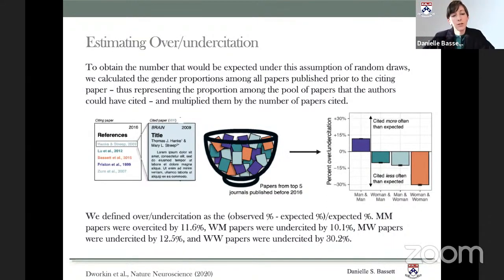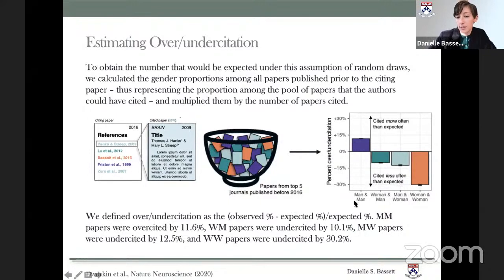So in this first instantiation, what we did was that we assumed that reference lists are simply random draws from the literature. And under that assumption, we calculate the gender proportions among all papers published prior to the citing paper, thus representing the proportion among the pool of papers that the authors could have cited, and we multiplied them by the number of papers cited.